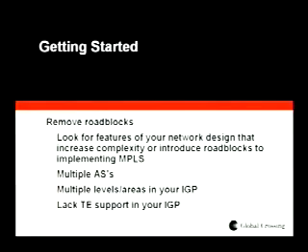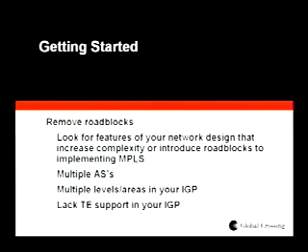So let's say that you wanted to think about being crazy too and deploy MPLS. This is sort of a history of how you get started down the road of implementing MPLS and what this plan looks like. You want to look for features of your network design that might make it real hard for you, or at least make it more difficult than it could be otherwise to implement MPLS.